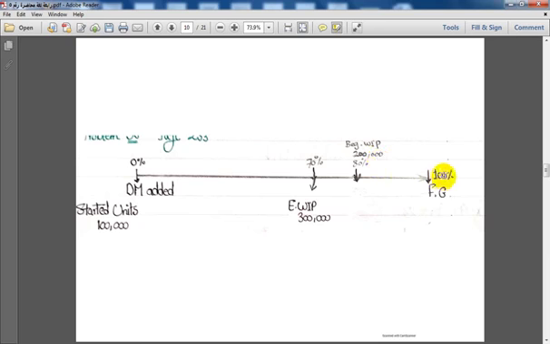At 100%, or at the end of the production process, we have finished goods, or units completed and transferred out. 1 million plus beginning 200,000 minus ending work in process equal units completed 900,000.